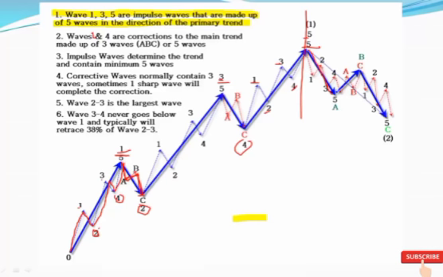In a much deeper correction, you're expecting a large ABC down, but within that structure, it turns bearish for the period of time where it corrects. So you have that 1, 2, 3, 4, 5, then an ABC up, and then 1, 2, 3, 4, 5 down to complete the larger term ABC.